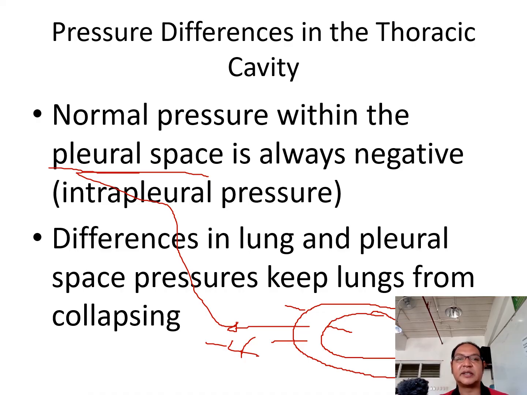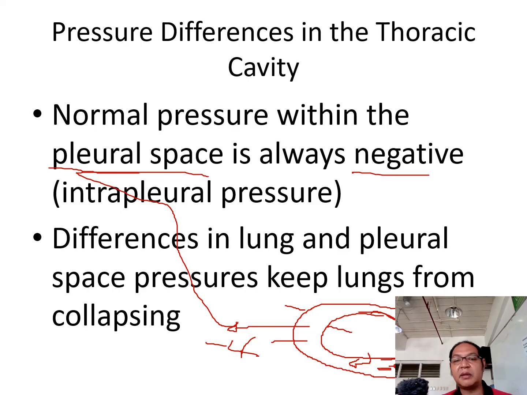So that's the difference in the thoracic cavity. The pleural space is always negative pressure. There are conditions or diseases that make this positive. Sometimes if you have pneumonia and it is untreated, you develop pleural effusion, meaning there is a leak from the lungs. The fluid goes to your pleural space and accumulates there.